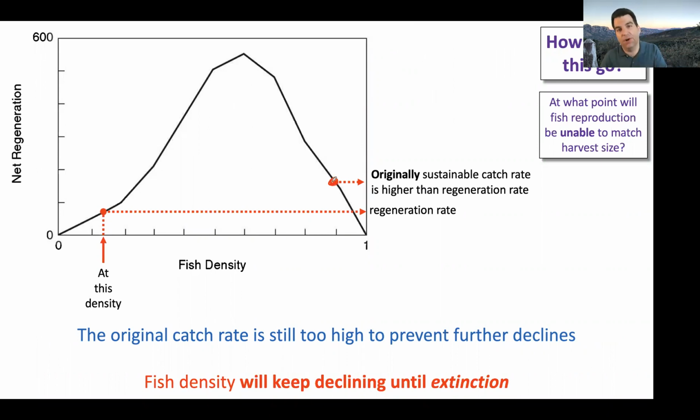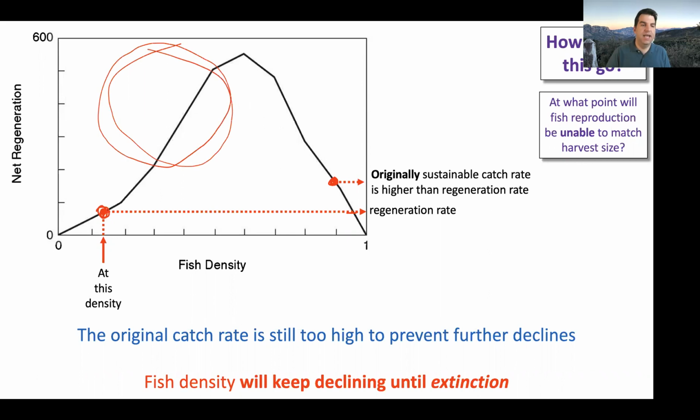But notice that at this density down here, the regeneration rate is lower than the harvest rate. So even though this used to be sustainable, because I'm in this left region of the plot, the fish can't recover. And so they are going to continue this trajectory down into extinction.